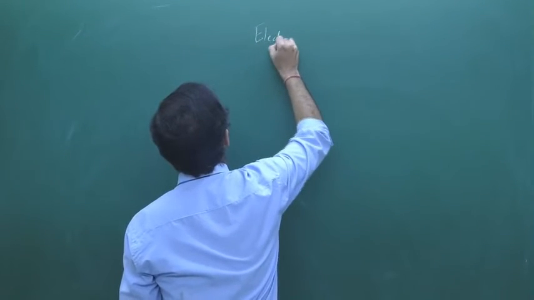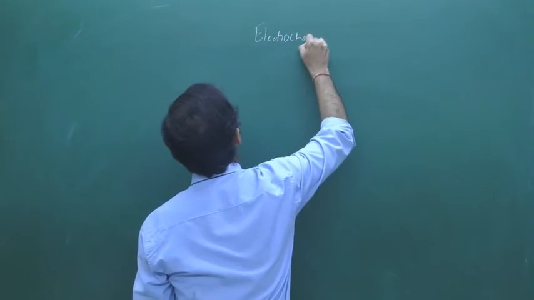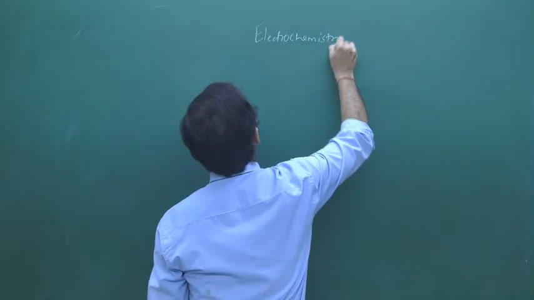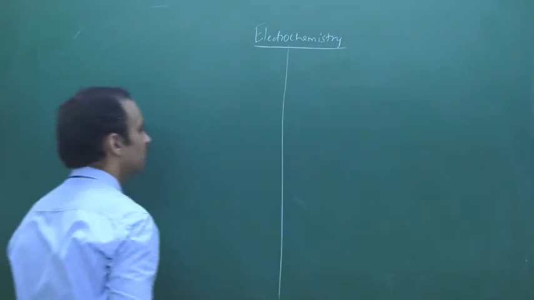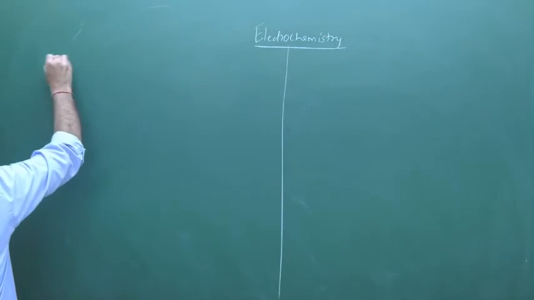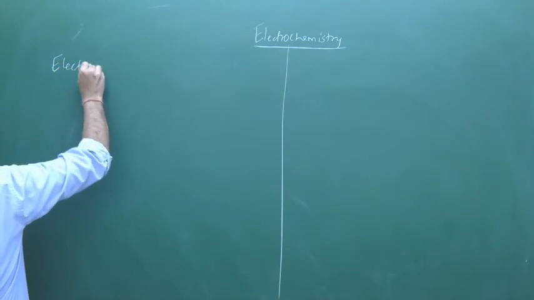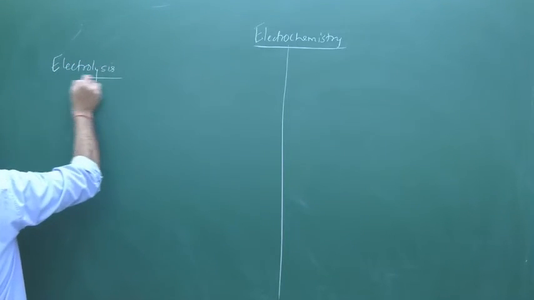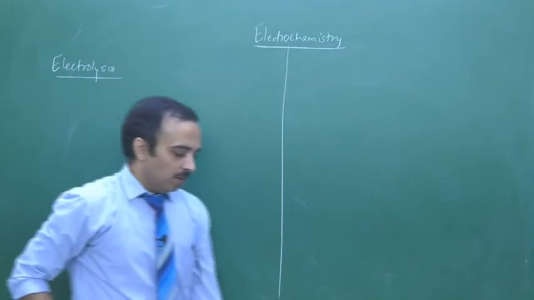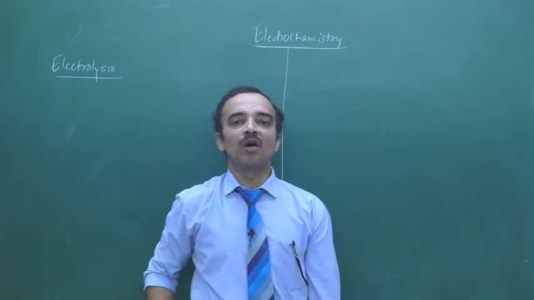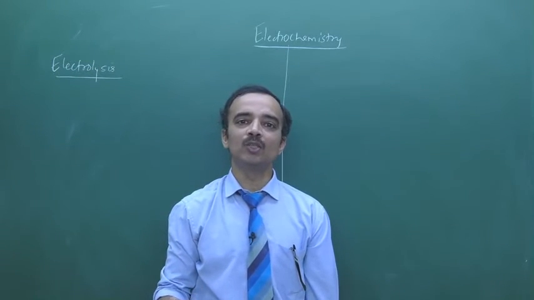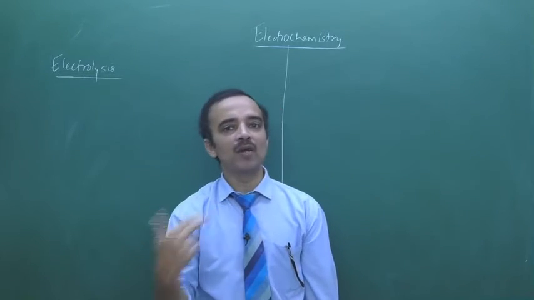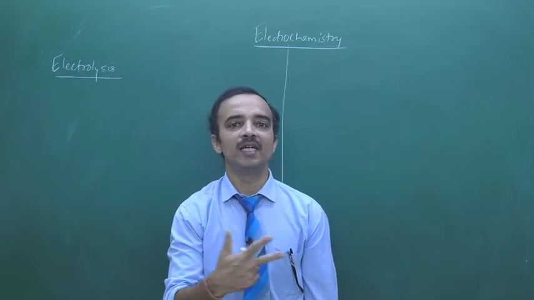The chapter for today is electrochemistry. Electrolysis. Beta, decomposition of an electrolyte on passage of electricity through its molten or aqueous solution is called electrolysis.